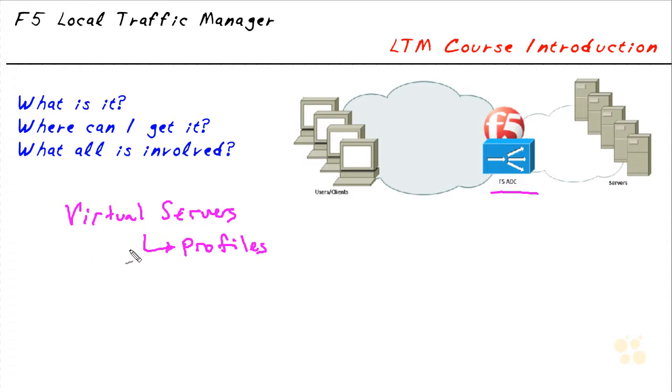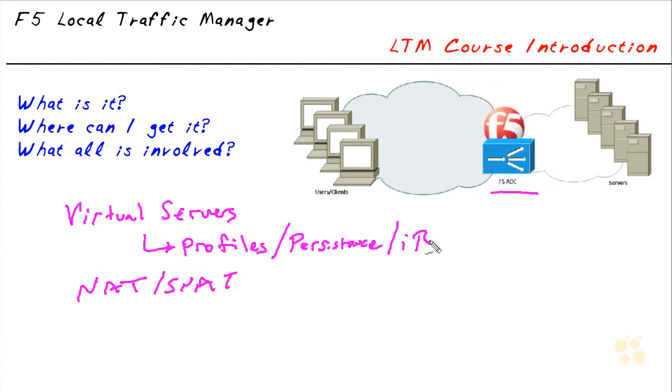We'll get into how traffic is managed through the device, through my NAT and my SNAT. Everything that we can do in terms of how this device thinks or how it moves traffic back and forth, and the multiple things that go on with persistence and iRules, and other stuff that can really become the pieces of how we deal with things.